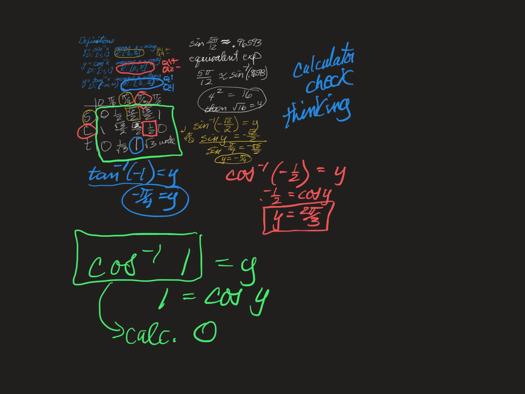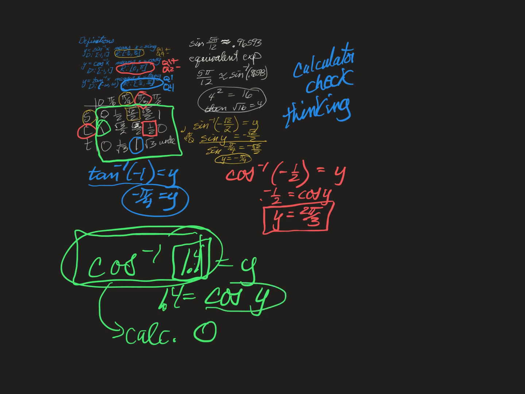Oh, but notice that's a special angle. I didn't mean to choose 1. I meant to do something like 1.4. So then we can do the inverse cosine of 1.4. Oh, and that was a bad issue because remember, the ratios can't be greater than 1. So sometimes you'll get problems like this and you'll do it on a calculator.